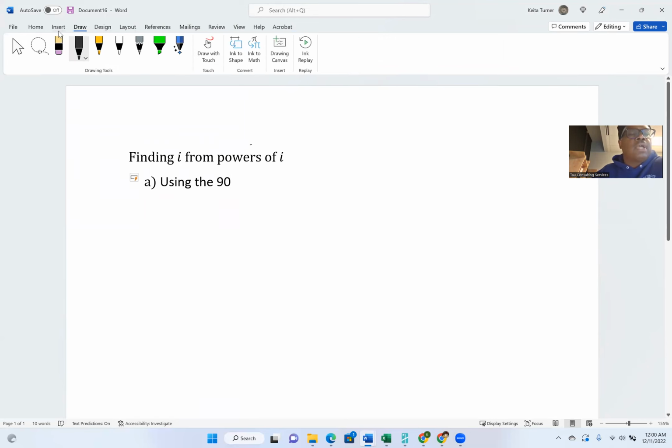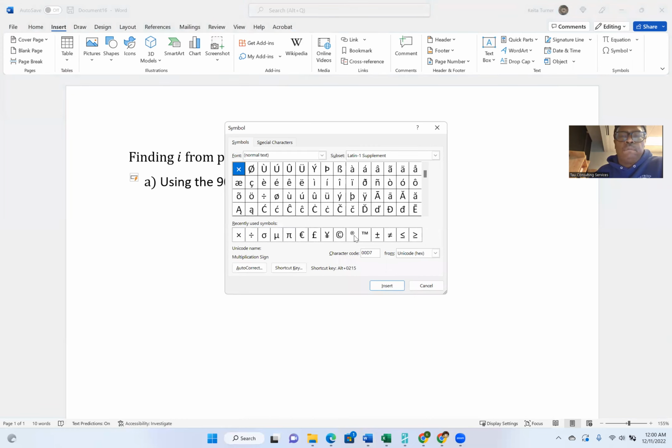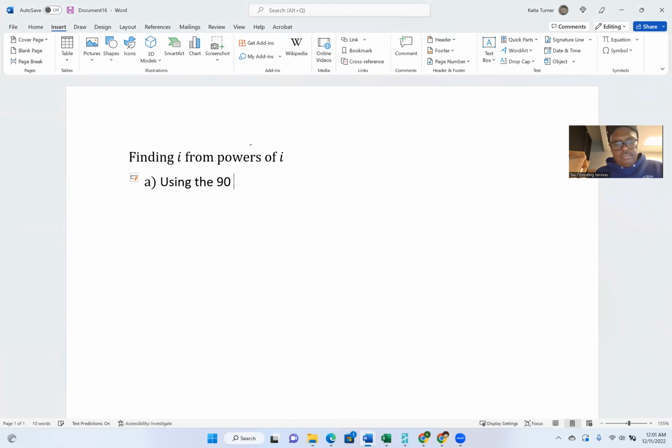I usually have some symbols I could use, but oh, here they are. Okay. This is a long way to find the 90-degree thing when I can just write degree. All right, I'll just write degree. It shouldn't have taken that long.